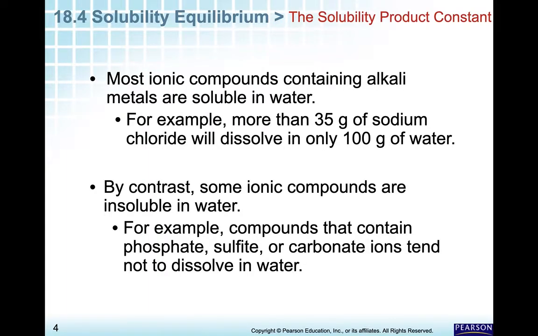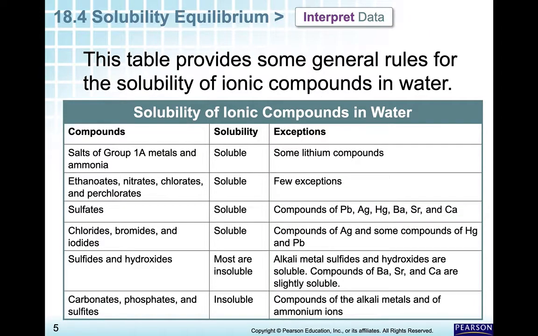By contrast, there are other ionic compounds that are insoluble. Compounds that contain phosphate, sulfate, or carbonate ions tend not to dissolve in water. Here is a table that summarizes the solubility rules for ionic compounds in water, and you can come back to this as a reference if you're looking at a compound trying to figure out if it will dissolve.